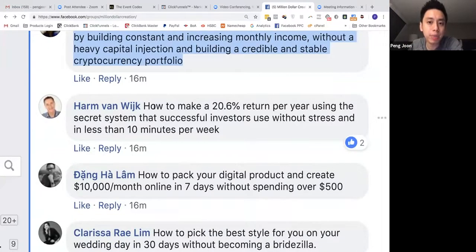How to make 20.6% returns per year using the secret system that successful investors use without the stress and in less than 10 minutes per week. Okay.